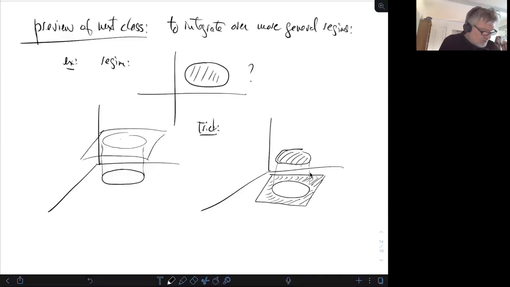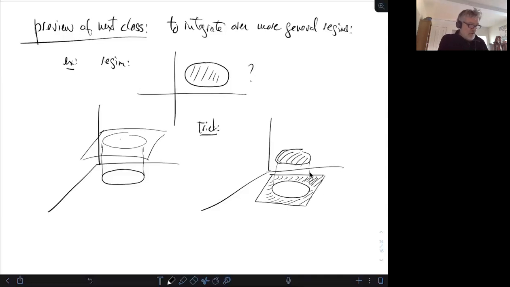Now that's a nasty looking function, right? Because it's not continuous. There's this big jump, right? But the jump is on a curve. If your region has a nice boundary, you see that this function is continuous everywhere except on the boundary of your region, which is of measure 0. So Fubini's theorem will still work. That's why I needed to mention that.